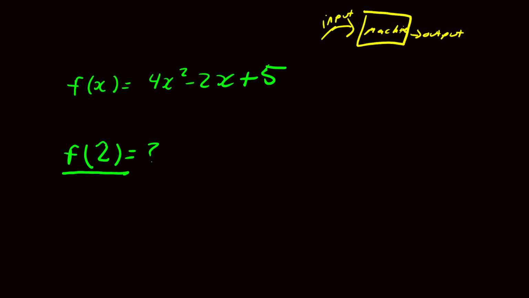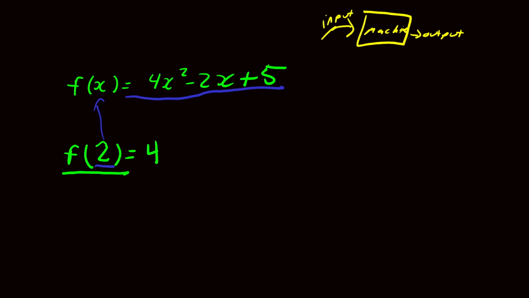Okay, so all I have to do is this 2 replaces this x up here. So now I have to replace the x's on this side with a 2. So let's do that. Let me erase this question mark because now we know how to do it.